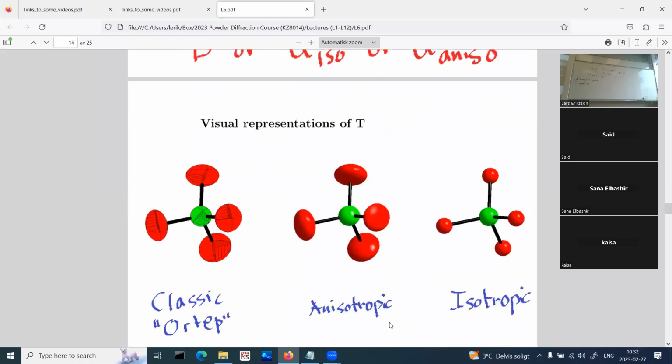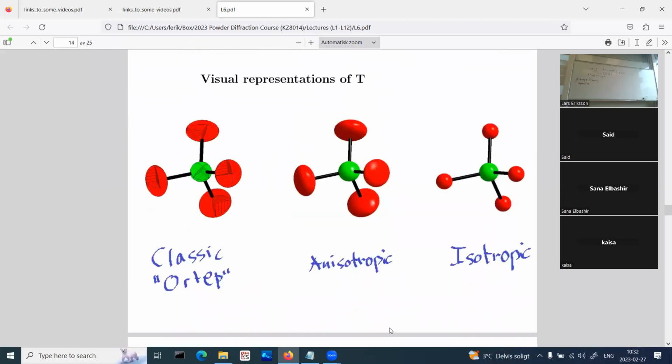A typical meaning of B is only one parameter, then the atoms are only balls, which is rather okay. But if you have anisotropic, ellipsoidal description of the atoms, then they will be deformed balls.